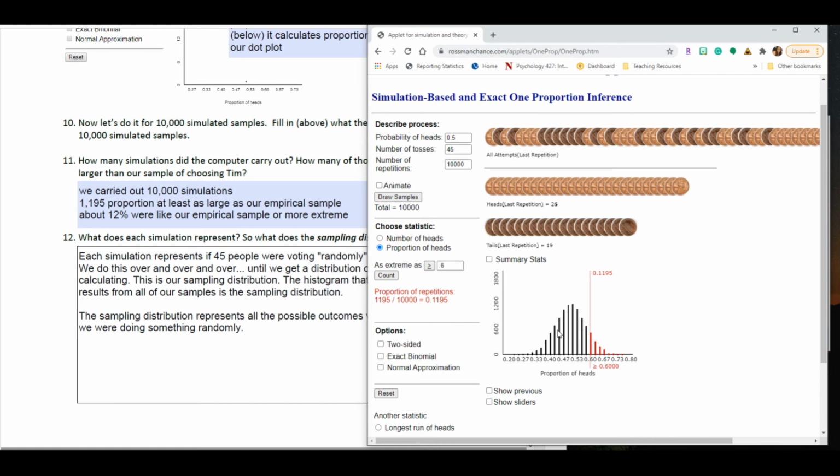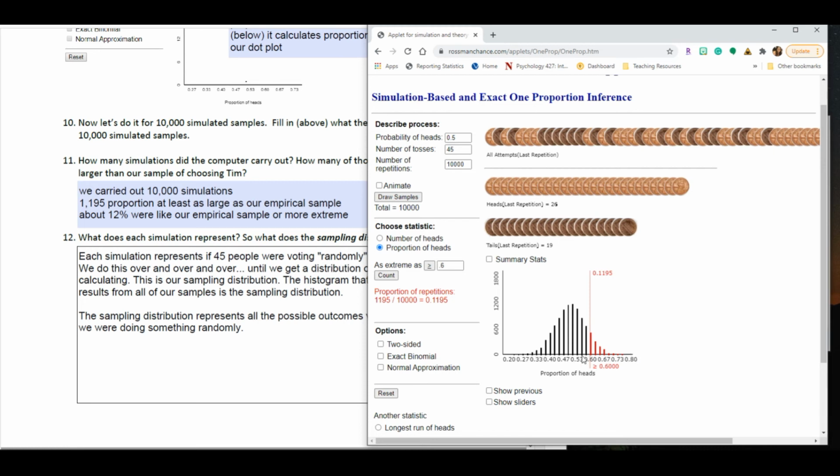Most of our results are around the 50-50 mark, right? 50% is right here in the middle. So most of them stack up close to 50-50, but of course they're not all exactly 50-50. We have some that came out lower, some that came out higher, but the ones that came out really low, that's rare. The ones that came out really high, that's also rare.